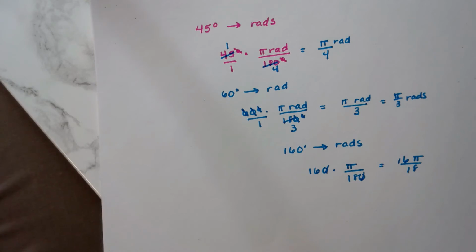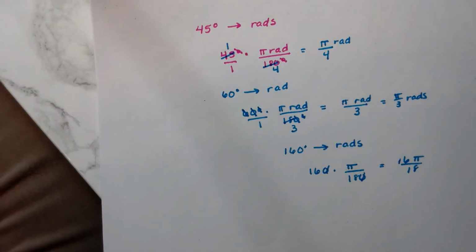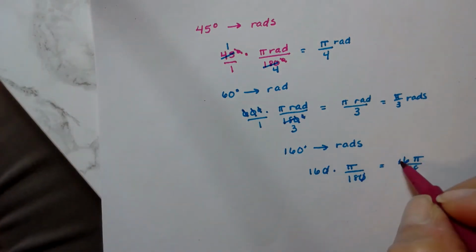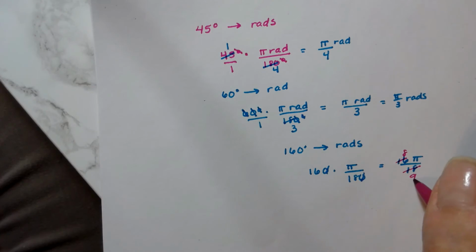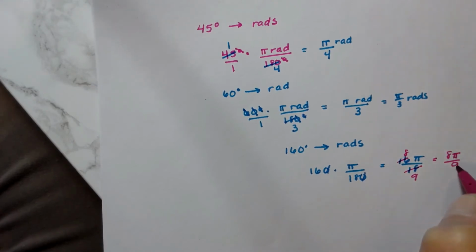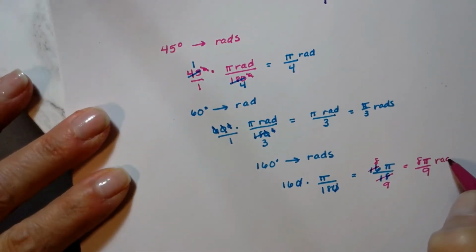You can break those down into factors, but I would start with 2's because they're even. 2 goes into 16 8 times, and 2 goes into 18 9 times, and that's going to leave you with 8 pi over 9. Now when I look at 8 over 9, I can't reduce that, so I leave it alone. I'm done. So I know that 160 degrees is equivalent to 8 pi over 9 radians. I'll put my rads.